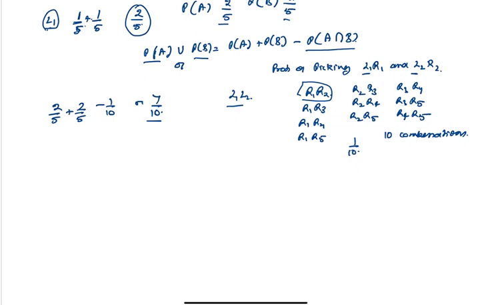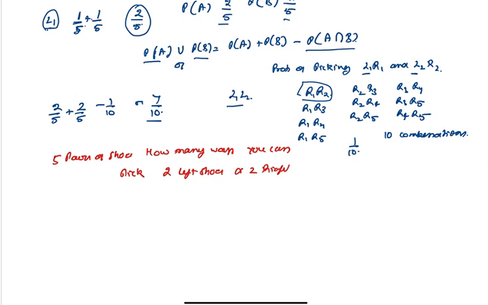A follow-up question of this is, if you have 5 pairs of shoes, how many ways can you pick 2 left shoes and 2 right shoes?